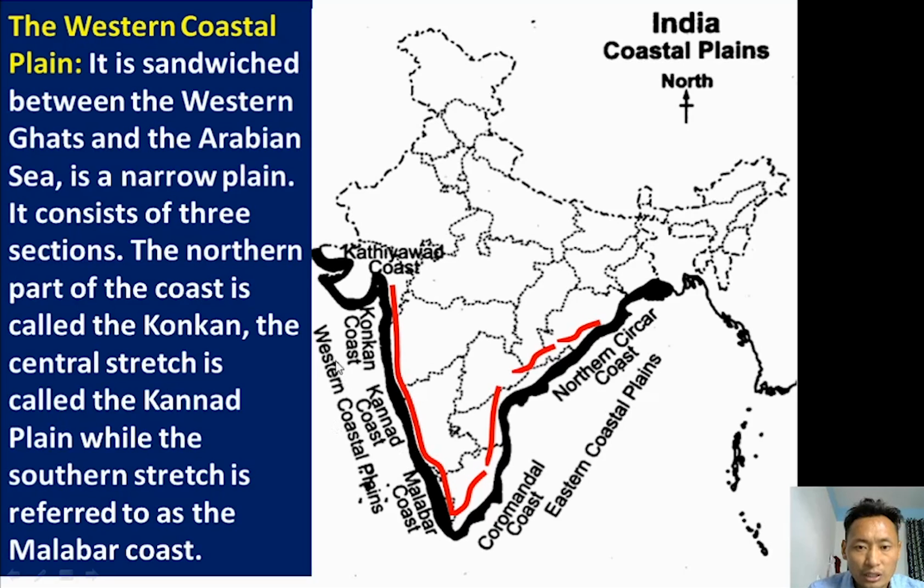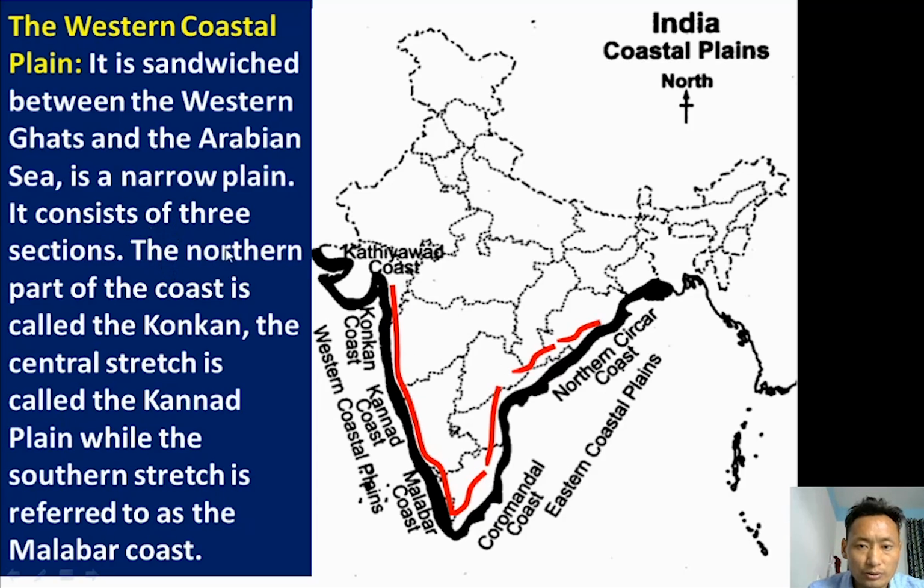If we compare the broadness of the Western and Eastern Coastal Plains, the Western Coastal Plain is much narrower, while the Eastern one is broader.